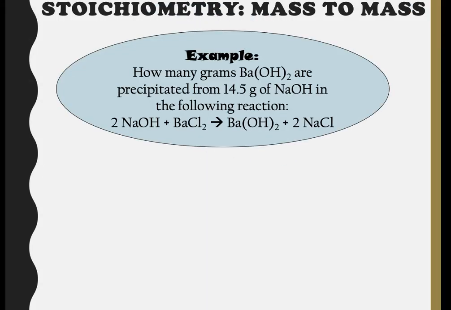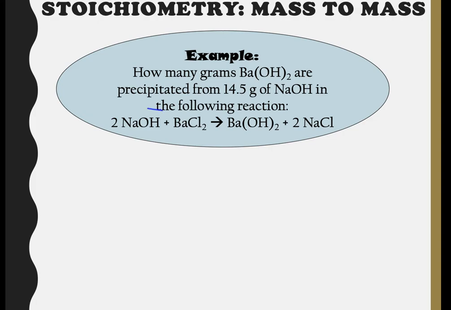So let's look at another example. So it's a mass to mass example. So the last one was moles to mass. This is mass to mass. So I want to know how many grams of barium hydroxide are made from 14 grams of sodium hydroxide.